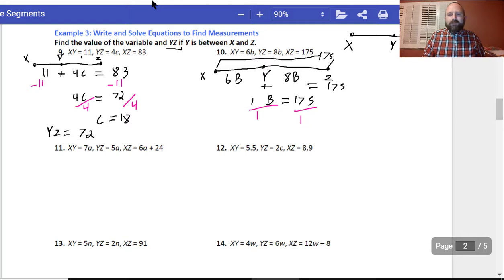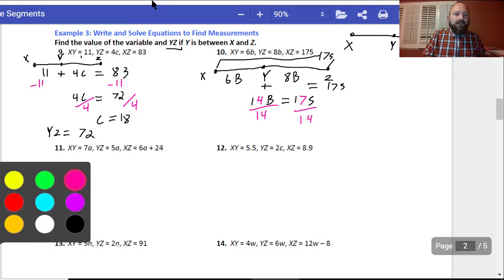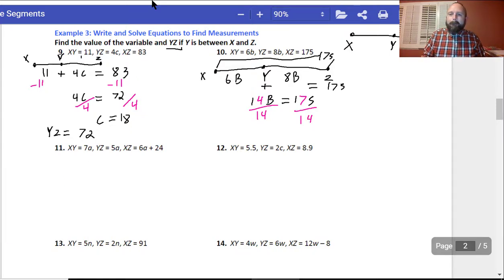So fix that up. So 14. Yeah. So we're going to divide by 14 on both sides. So when we divide by 14, we get that b is equal to, I think it was 12.5. Let's see. Yeah, 12.5. Well, we need to figure out what XY is equal to then.